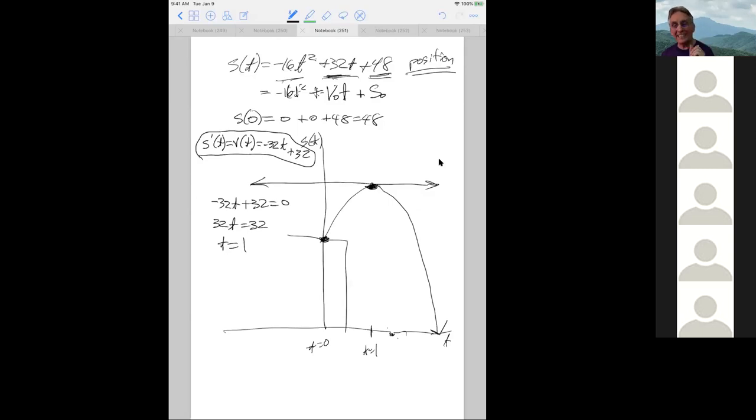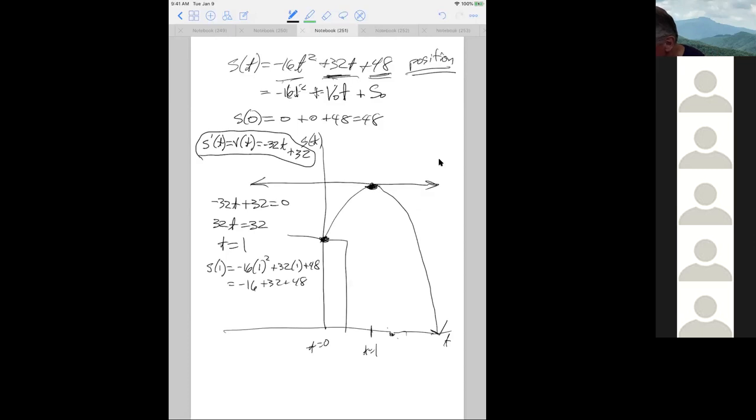Now, what's the height? How high did it get? Well, the position function is s of t. How long did it take to get there? 1 second. Plug 1 into s, and you've got how high it got. So s of 1 equals negative 16t squared plus 32t plus 48, which is negative 16 plus 32 plus 48.